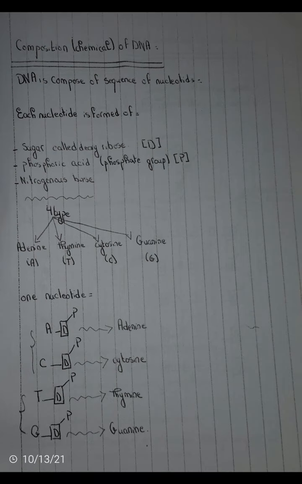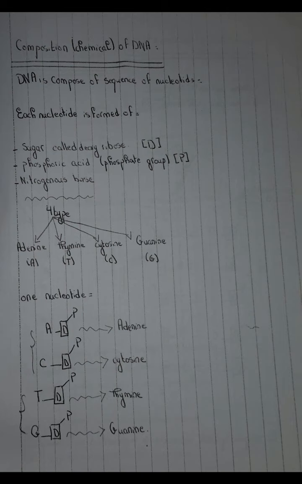If you look down at the nucleotides, the first nucleotide is A connected to D connected to P. A is the adenine, D is the deoxyribose sugar, and P is the phosphoric acid. So here we have adenine. The second one is C connected to deoxyribose sugar and to phosphoric acid.